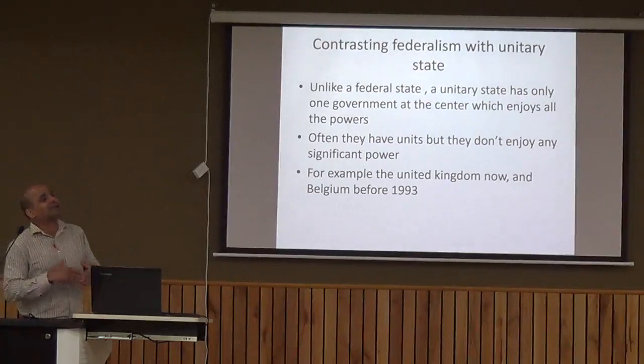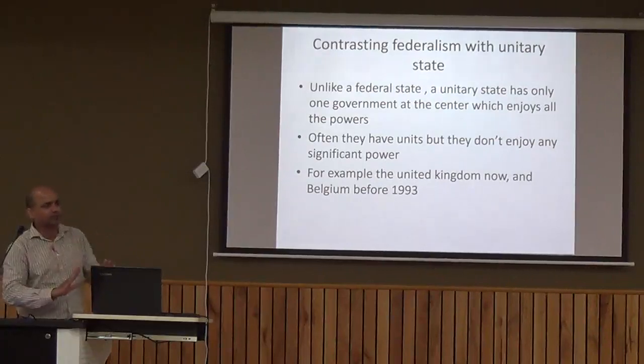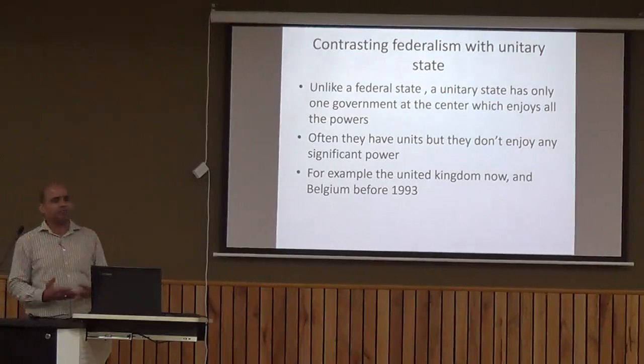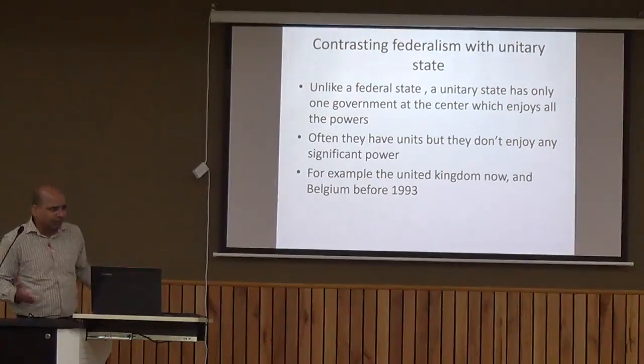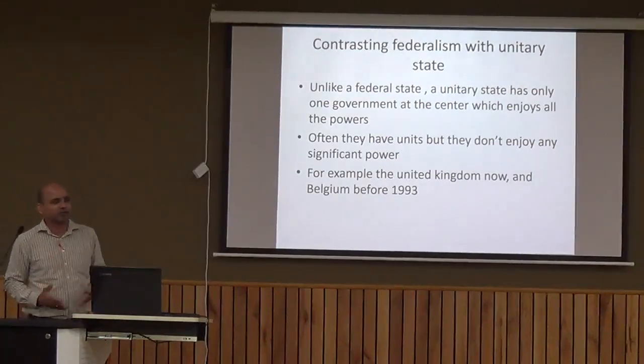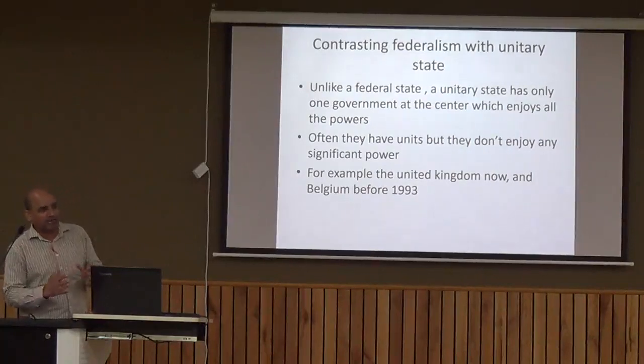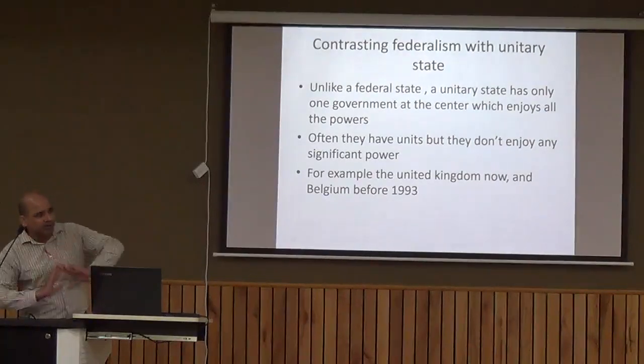States might exist, but they do not enjoy any power. They are subordinate to the central government. For example, the United Kingdom. The United Kingdom may have units, but the government enjoys all the powers, and the units are subordinate.